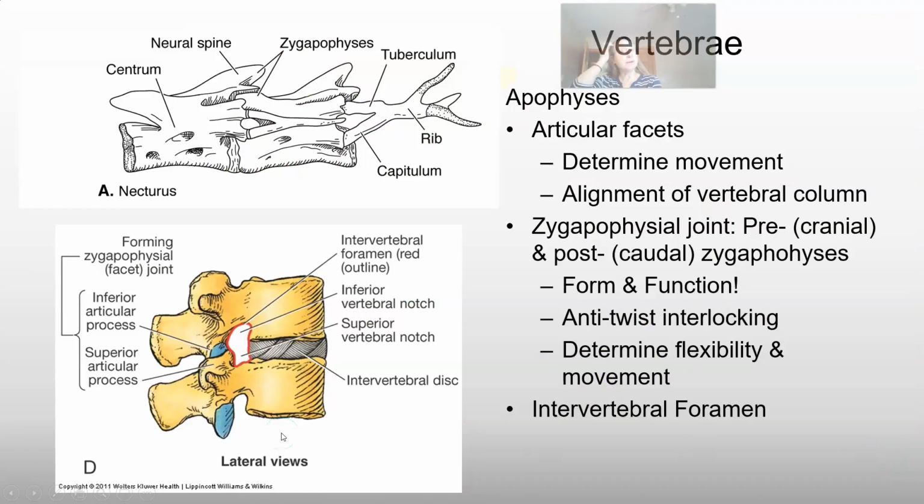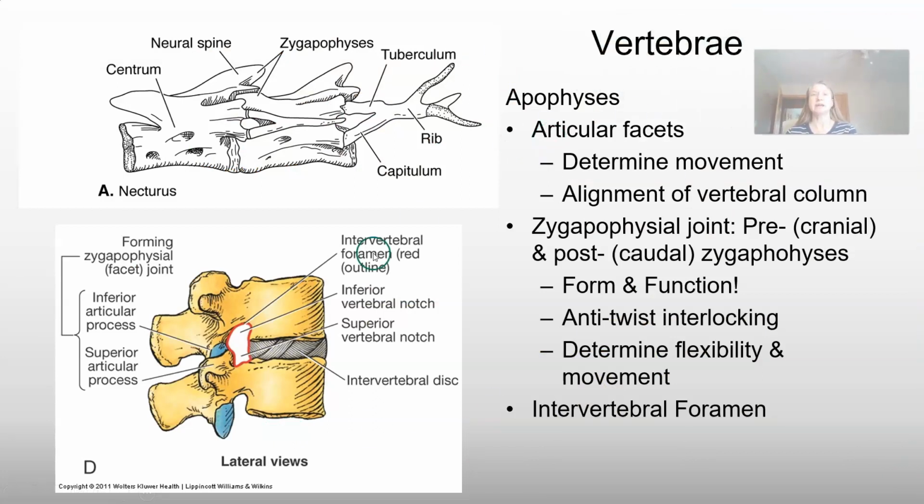Okay, so going into this a little bit more, again, with these apophyses and these articular facets. So the articular facets are here, in blue on this. This is where there's an articulating part. So again, the shape and the orientation of how they connect to each other determine the movement.